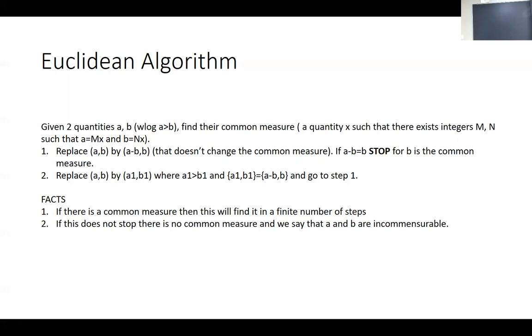Now, whenever you have an algorithm, you've got to worry about when it is going to stop. And it is going to stop if there does exist a common measure. You've got to find it a finite number of times, because if you think about it, if A divided by B lies between two integers, let's say n and n plus 1, then after n steps, B is going to turn out to be the biggest thing there.